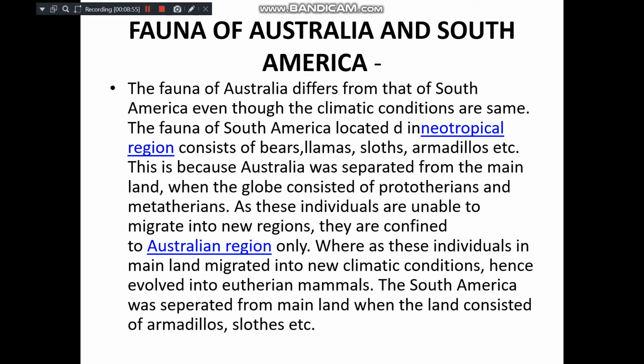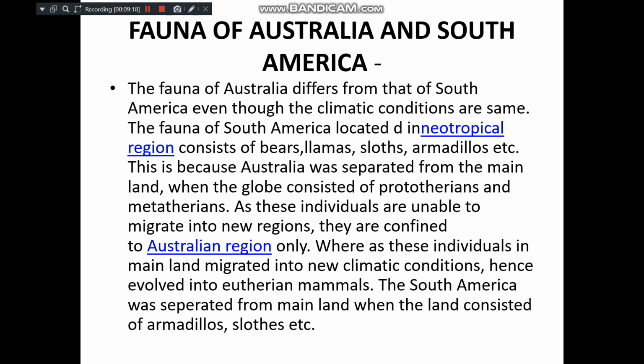So South America now has armadillos, bears, and sloths, but not Australia. This is how separation, isolation, or continental drift helped in the distribution of animals.